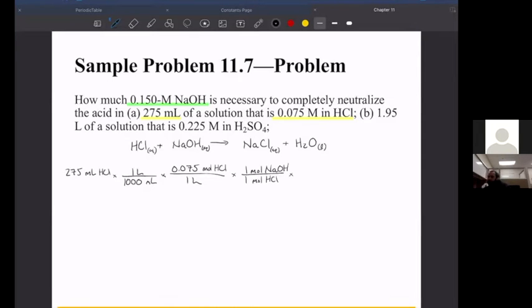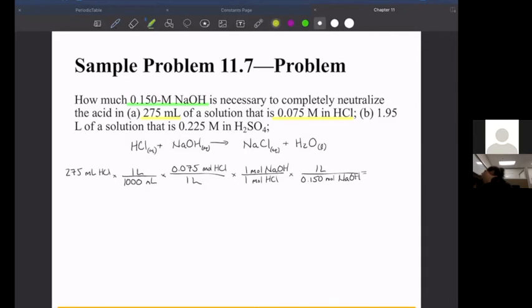And now finally, I can get to talking about the amount of the solution I'm going to use in liters by using my concentration and 1 liter. Okay.